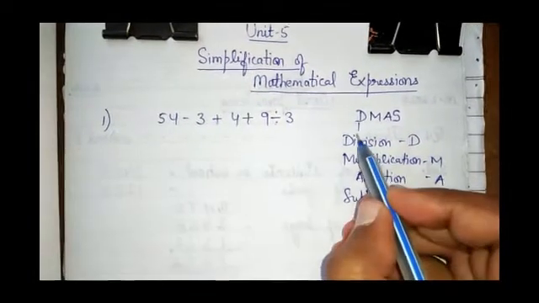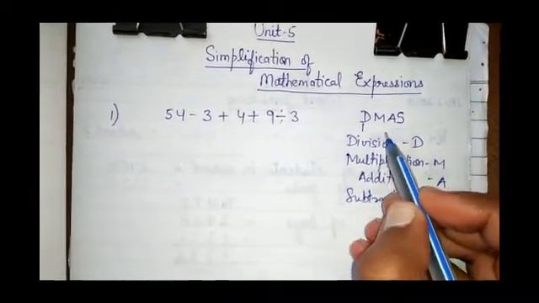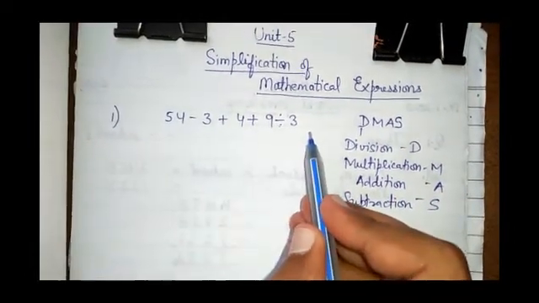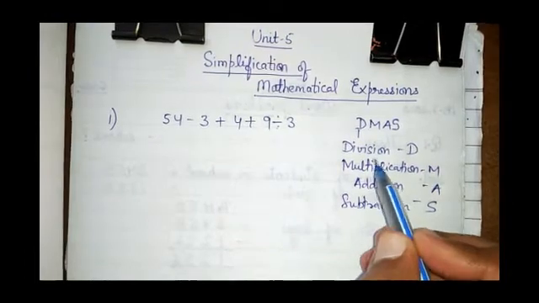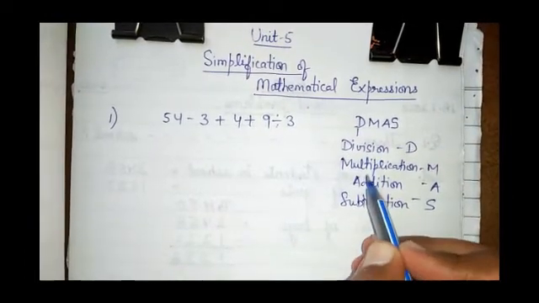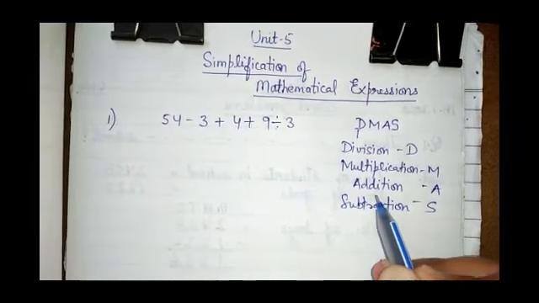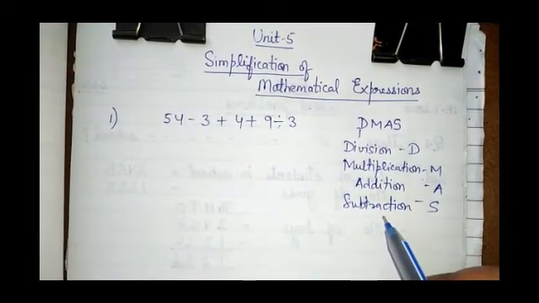So children, this decides the sequence of operations which we are going to apply to simplify a mathematical expression. First of all, in any expression we start with division, after division we come to multiplication, after multiplication we come to addition and after addition we come to subtraction.